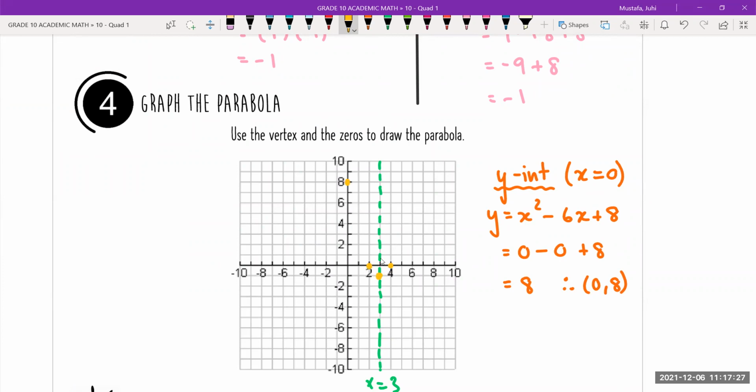And that's it. So for factored form, you just need the 2 x-intercepts, the vertex, the y-intercept, and then you make a nice smooth curve, arrows on both sides, and you should label this parabola. Doesn't matter if you label it with the original or the factored form. So y is equal to x squared minus 6x plus 8.